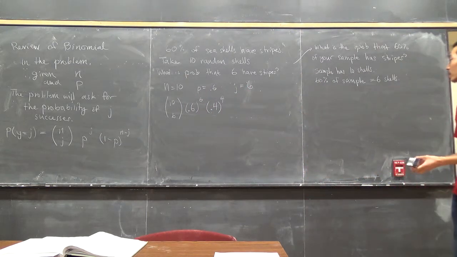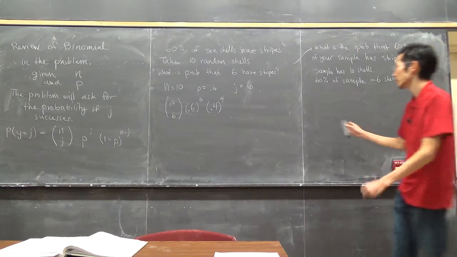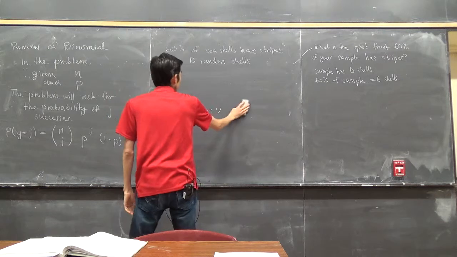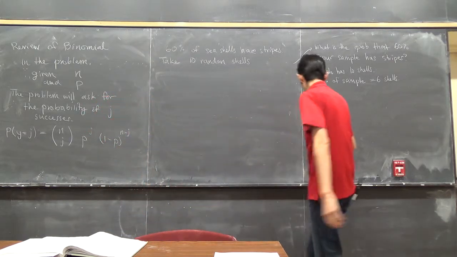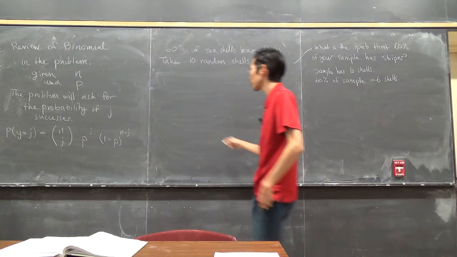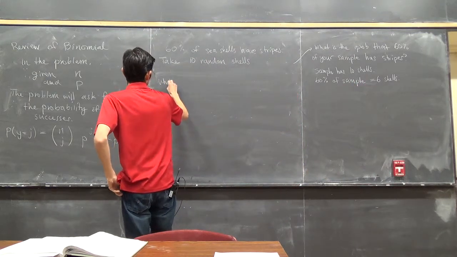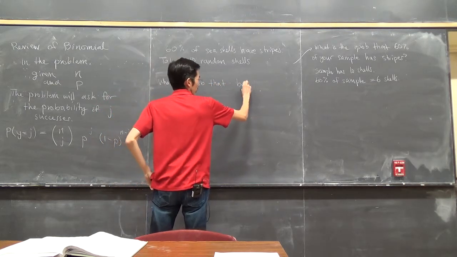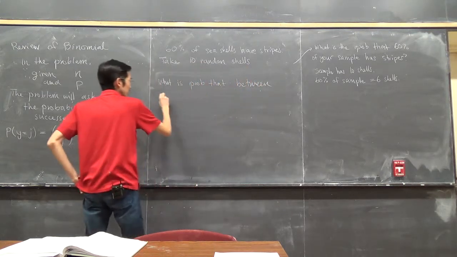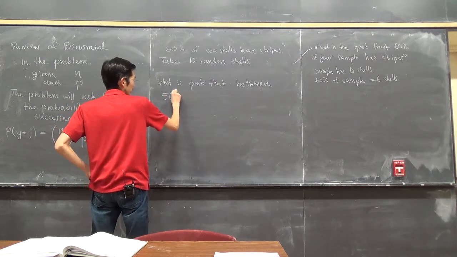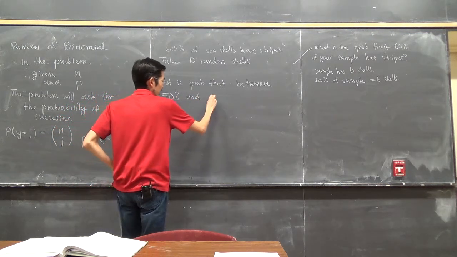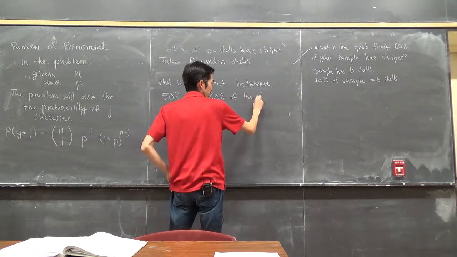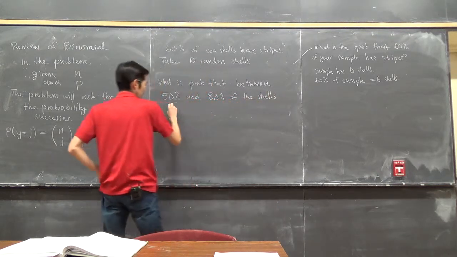Things might get a little more odd too. Let's say we still have this setup, 60% of seashells have stripes, and the question says, what is the probability that between 50% and 80% of the shells are striped?